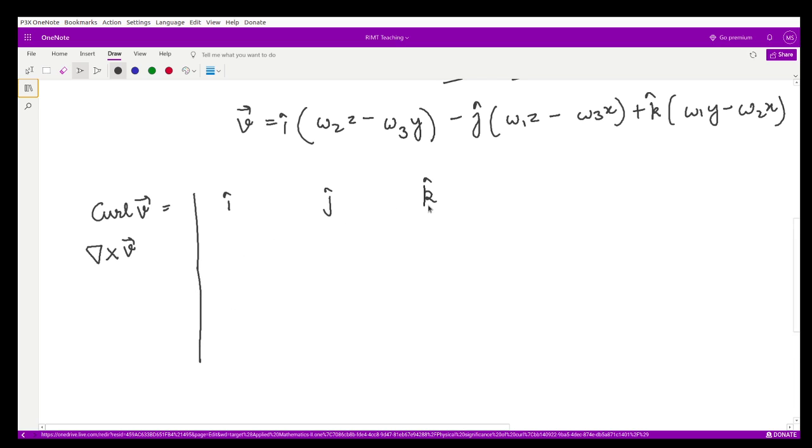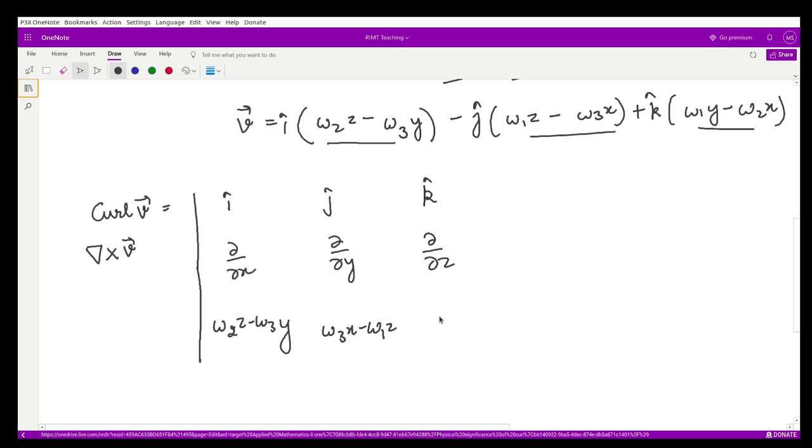We have i cap, j cap, k cap, del by del x, del by del y, del by del z, and the values for vector v: omega 2 z minus omega 3 y, omega 3 x minus omega 1 z, and omega 1 y minus omega 2 x.